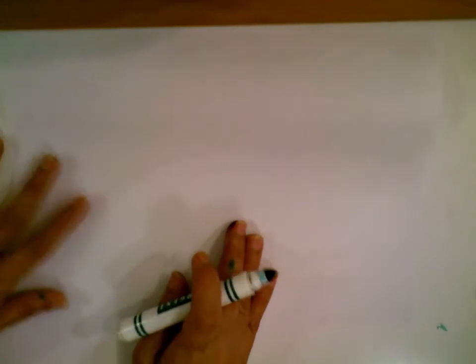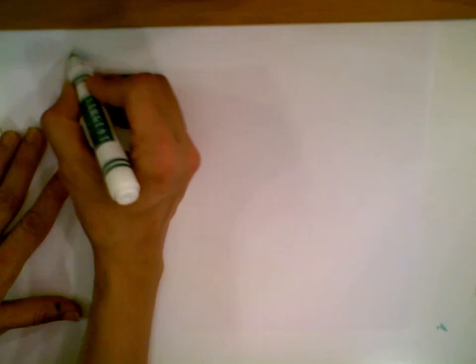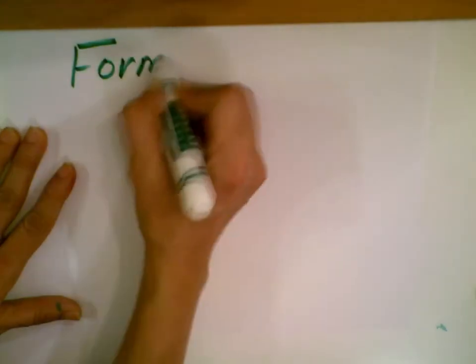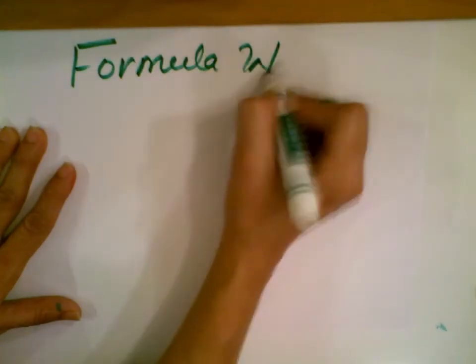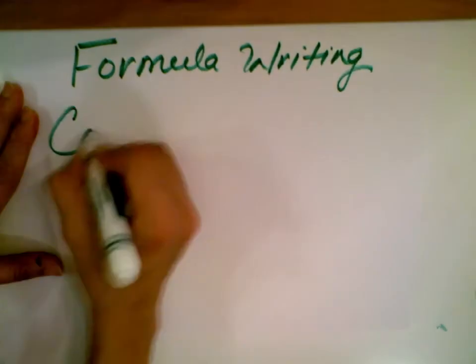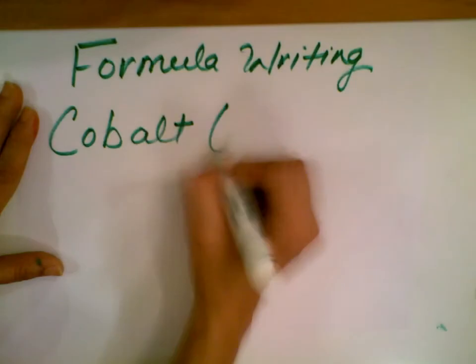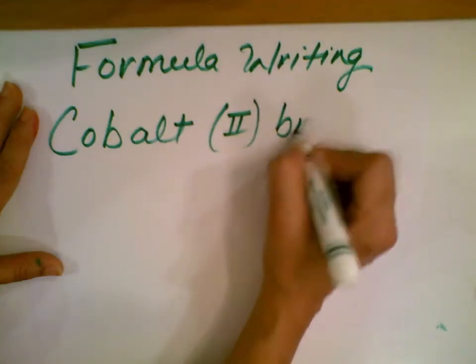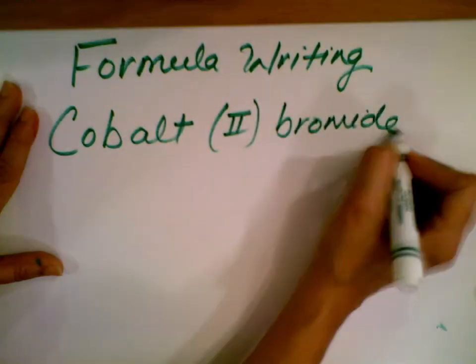Now let's work on formula writing. So let's say cobalt 2 bromide. That's the example I'm taking.